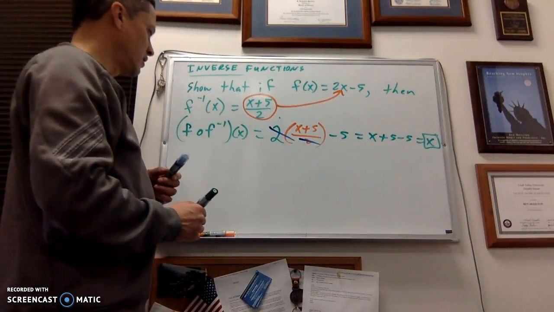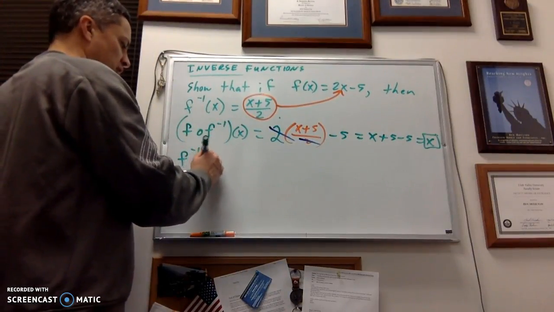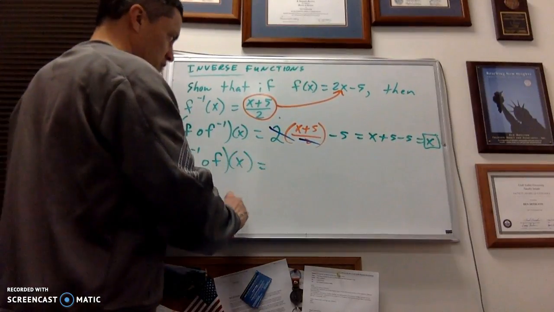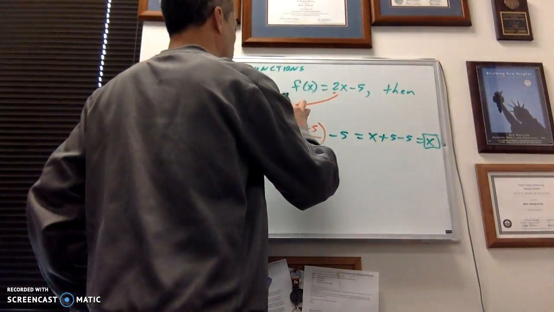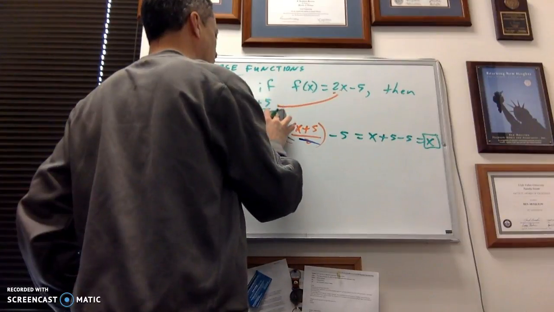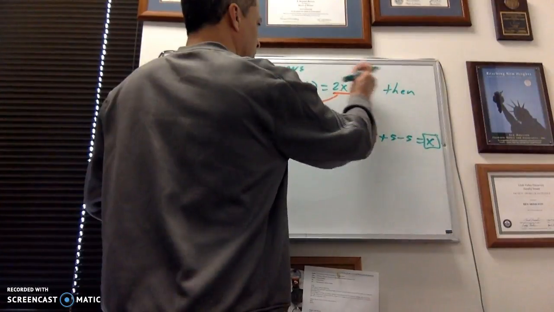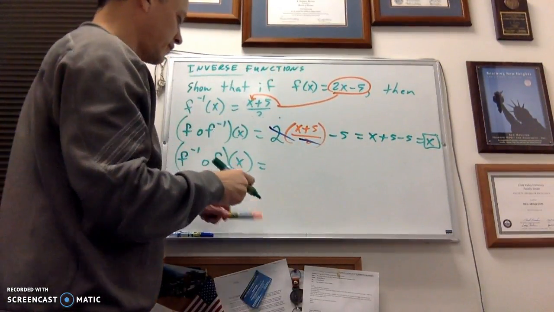Well, that's interesting. Let's go in reverse and see what happens. I could go f inverse of f of x. So now I'm going to go in exact opposite. I'm going to take the 2x minus 5 there, and I'm going to put it in for this x in the f inverse function.